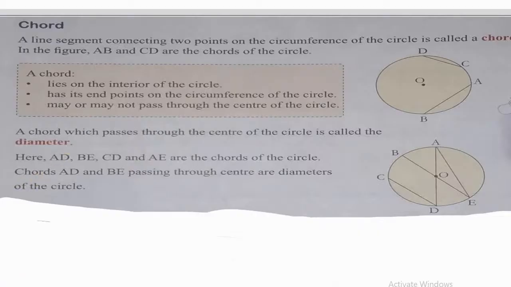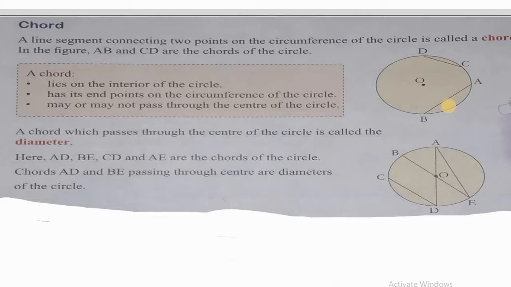In a chord, there should be a line segment, and both endpoints of the line segment should touch the circle's circumference. But if it touches the center, it's going to be a diameter.